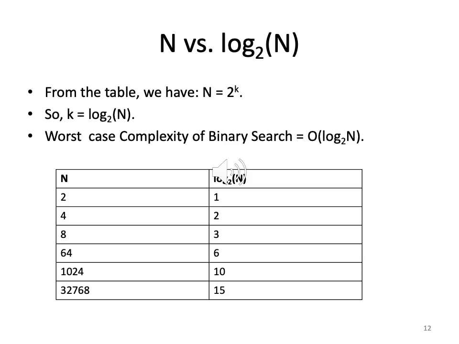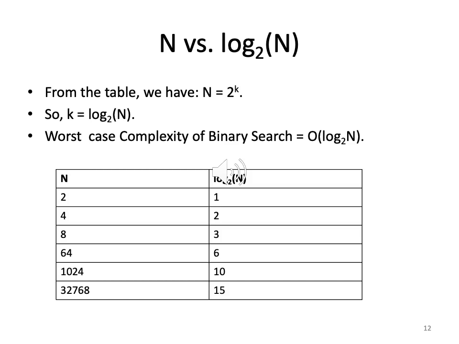So generally it's pretty good. Log n is considered to be very good, very low complexity, and you can see in this table one column is n and the other is log of n, log to the base 2. As you increase the value of n, the value of log n does not increase that much.